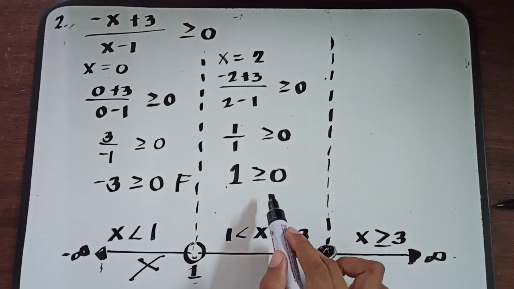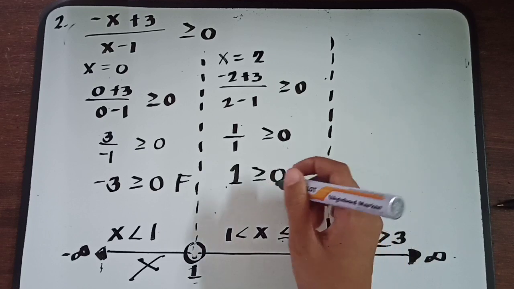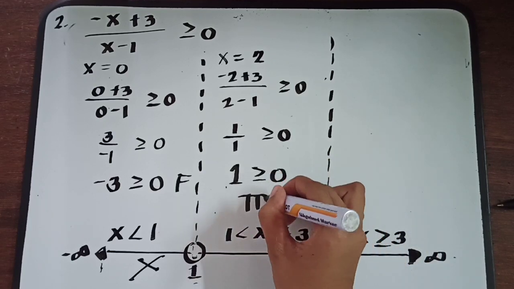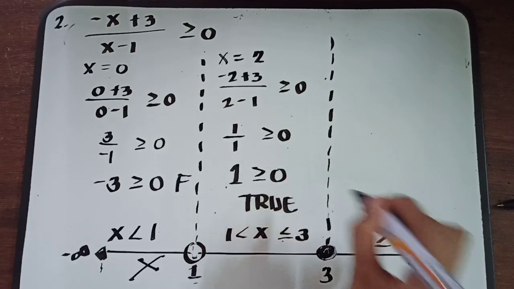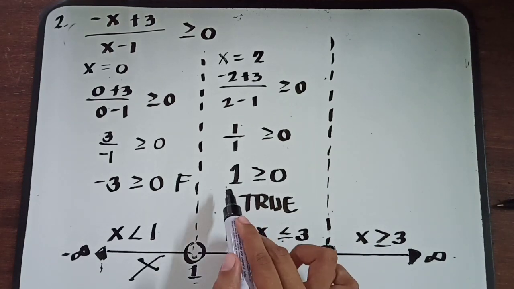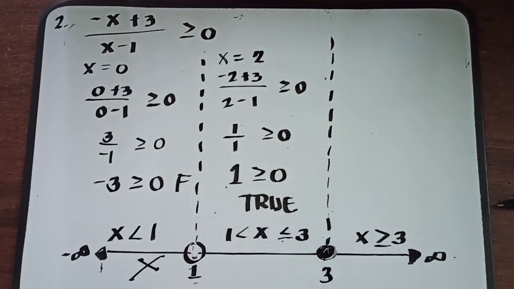So yung 1 is greater than or equal to 0 is a true statement. Bakit? Mas mataas po si 1 kaysa kay 0. Therefore, this is part of the solution set.